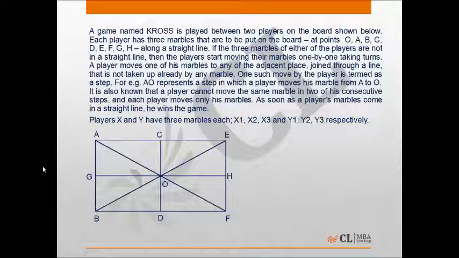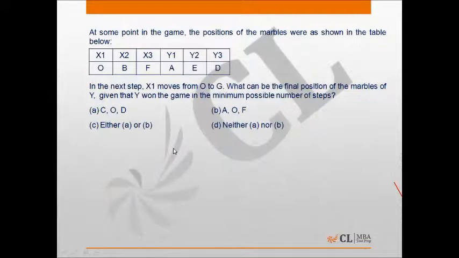Similarly, if he gets all three marbles in a straight line, he'll win the game, and the same goes for the other player. So these are the rules of the game. Let's move to the first question of the set.